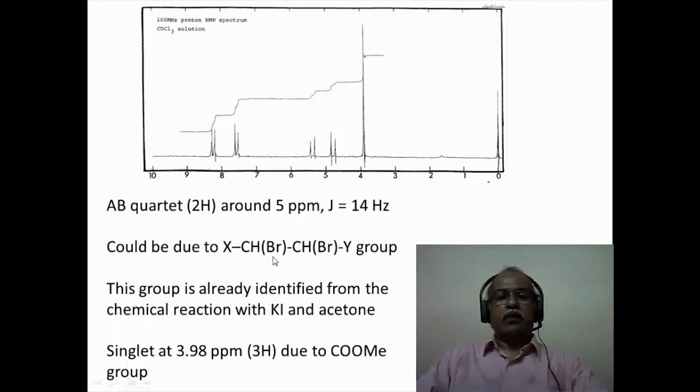These two vicinal hydrogens would correspond to an AB kind of system, and that vicinal coupling is what is referred to as the 14 Hertz coupling in this particular system. This group is already identified from the chemical reaction using potassium iodide and acetone, so it is not unreasonable to assume that this multiplet, which is an AB quartet kind of multiplet, corresponds to this particular group here.